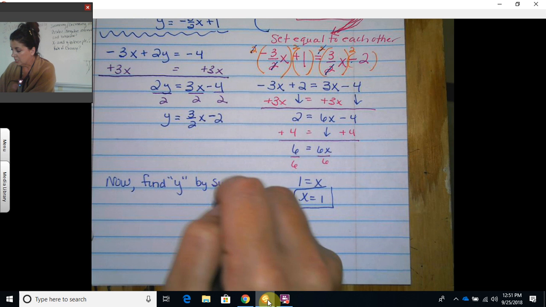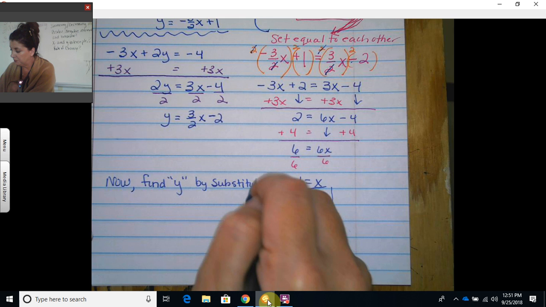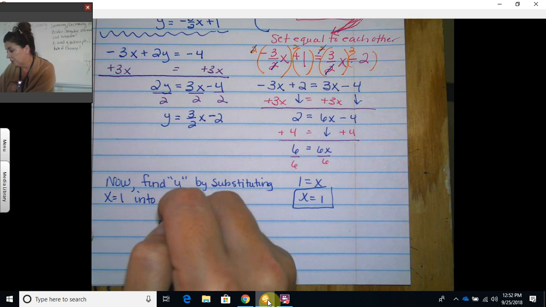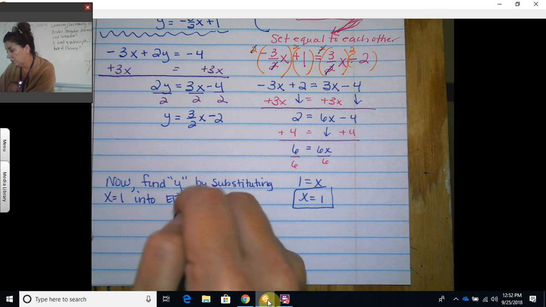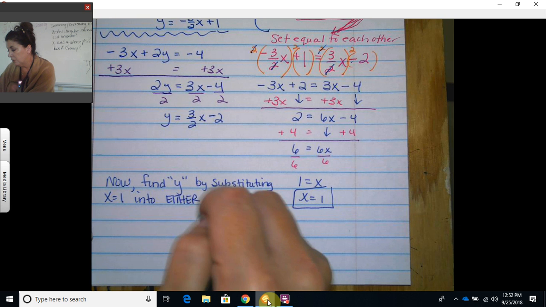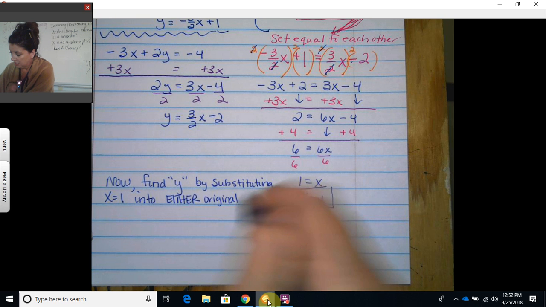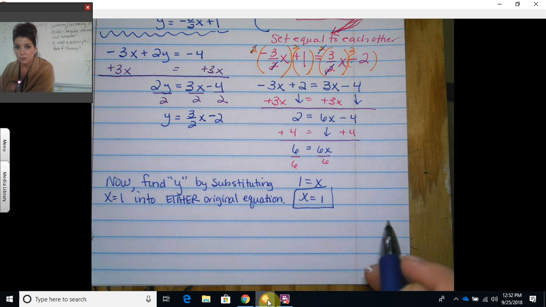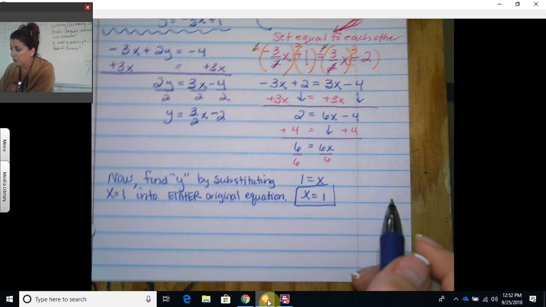So now find y by substituting x equals 1 into either original equation. And like I said, I'm just going to use that top one, 3x plus 2y equals 2.